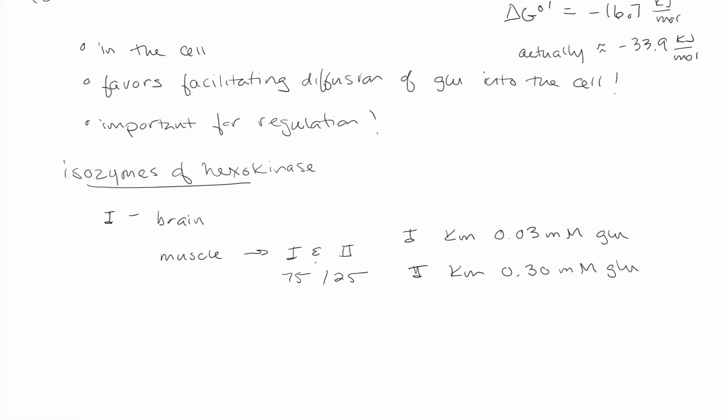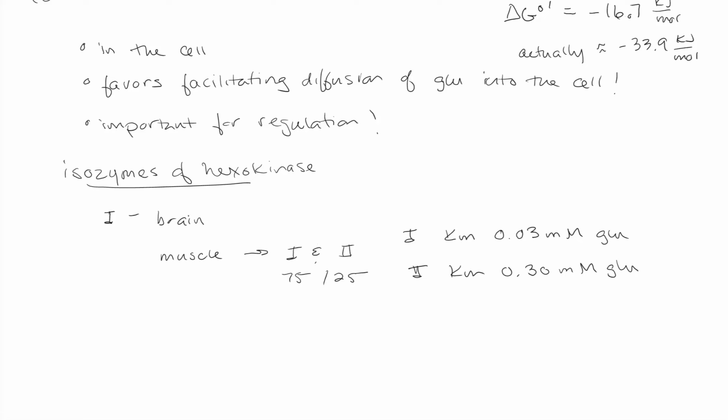Therefore, hexokinase operates efficiently at normal blood glucose levels of about 4 millimolar or so, in that zone. This also means that the brain, which predominantly has type 1 isozyme, has a higher affinity for glucose with its hexokinase than the combination of muscles, which is predominantly 1 and 2.